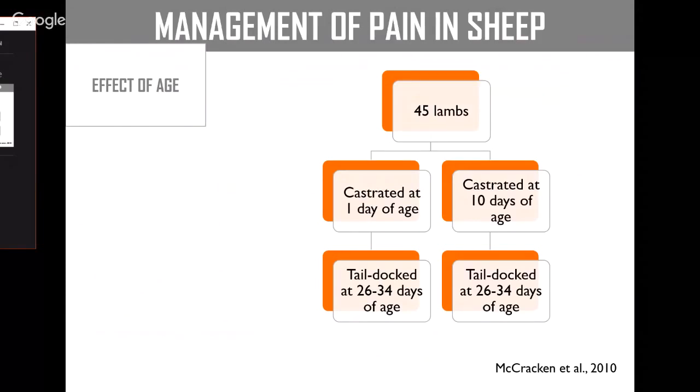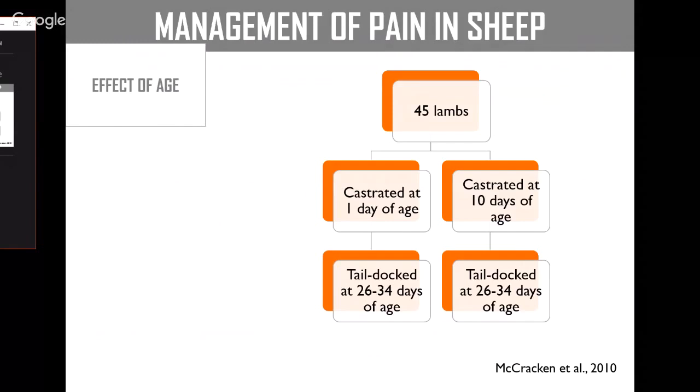Half of them, roughly, were castrated at 1 day of age, so pain very early in life. And the second group was castrated at 10 days of age. Now, lambs from both groups were tail docked at roughly 1 month of age.